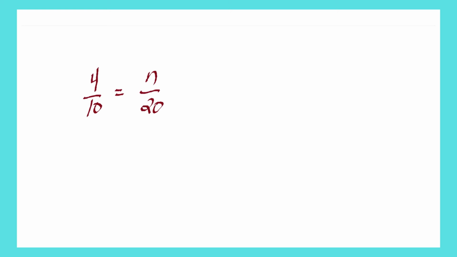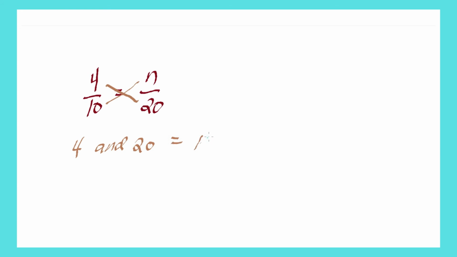All right, so how are we going to solve for the value of n? The first thing that you are going to do is form an x here, and form a pair. So we got a pair of 4 and 20, and we got a pair of 10 and n.